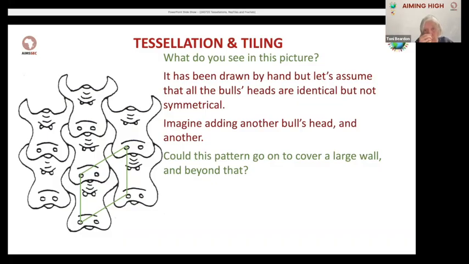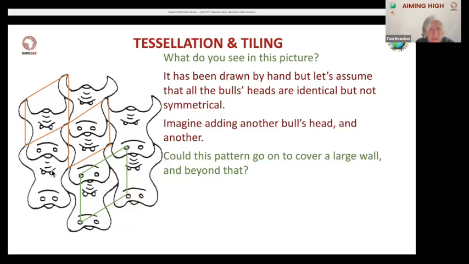Could it cover a large wall and beyond that? And if you look at these coloured lines that I've put in, what you see is how you move. Just as we looked at it with the strip patterns, we're now looking at the transformations in these tiling patterns.